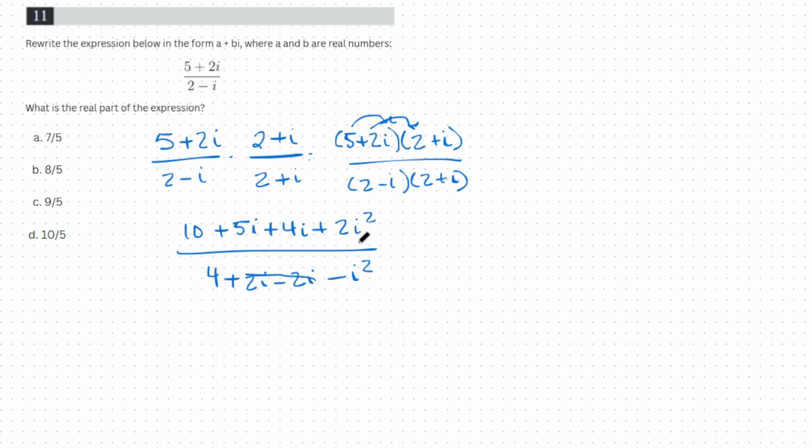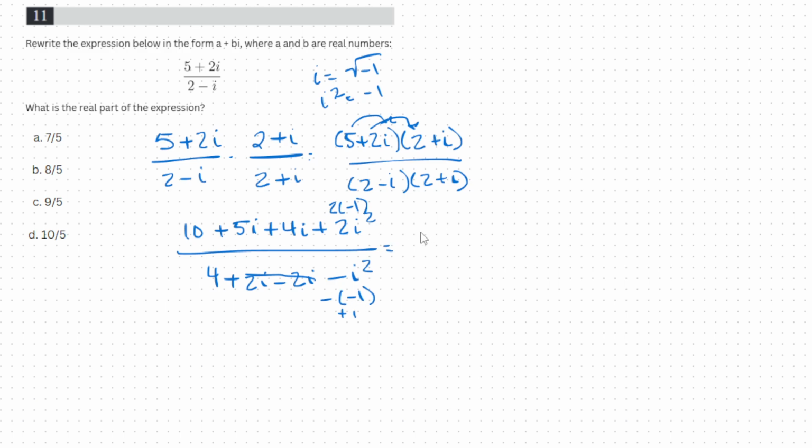And what we have to remember here for our i squared is i is going to be equal to the square root of -1. So i squared is just equal to -1 because we'll get rid of the square root. So for this number here, we have 2 times -1, that's just going to be -2. And for here we have -1, that's going to be a +1.